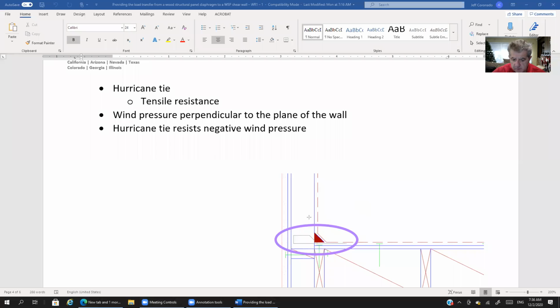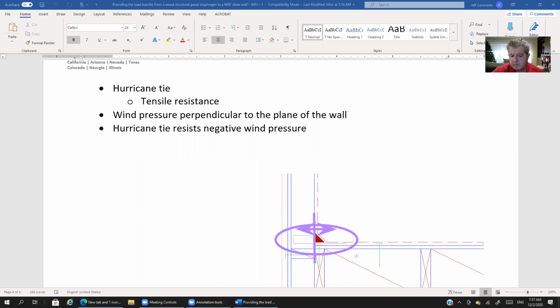So let's see if I can do this. So right across the middle of that hurricane tie, again, the hurricane tie is this light gray line that you see here.